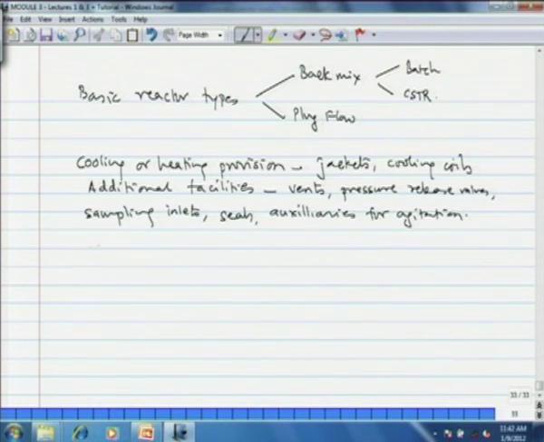Apart from that, the reactor should have adequate foundation, either concrete or steel or both supports.